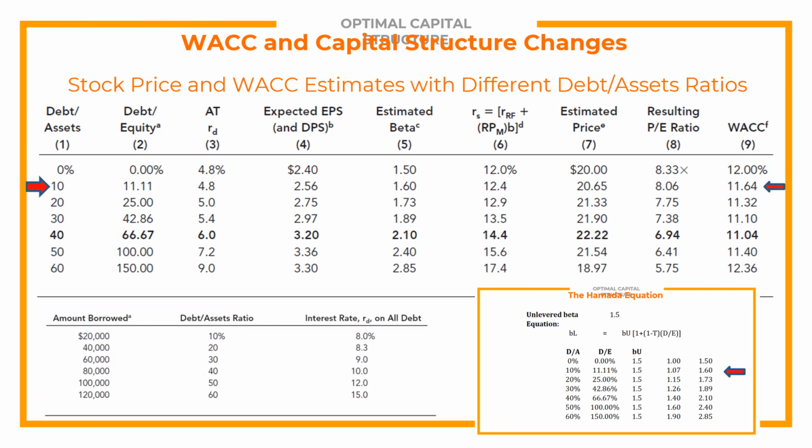Okay, so again, we just continue with our problem. If we have a debt to asset ratio of 10%, it means we have borrowed 20,000, and that 20,000 will be used to repurchase the stocks outstanding. So our shares outstanding would be reduced by treasury shares.